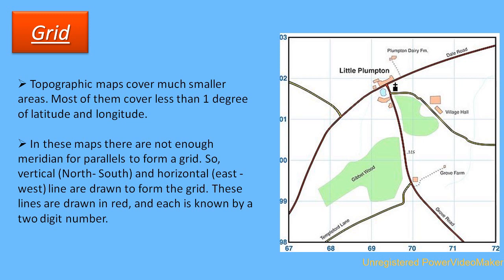So generally in a topographic map there are not enough meridians or parallels to form a grid. So we will draw vertical lines and horizontal lines, equally spaced, in the map, and we will give a number to each line, and with the help of those lines we will identify and locate features in a map.